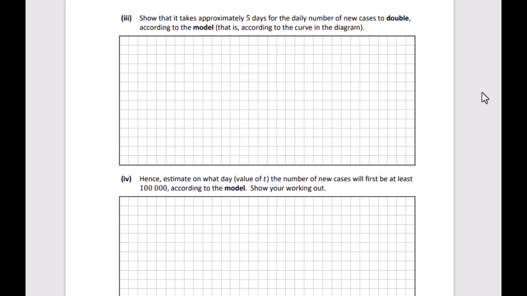So show that it takes. So the way you could probably do that is to do some kind of a table. So if you take the day and the number of new cases. So we take days equal to 0. We need to go up 5, 10, 15, 20, and let's say 25. Let's see what happens to the number of cases according to the model.